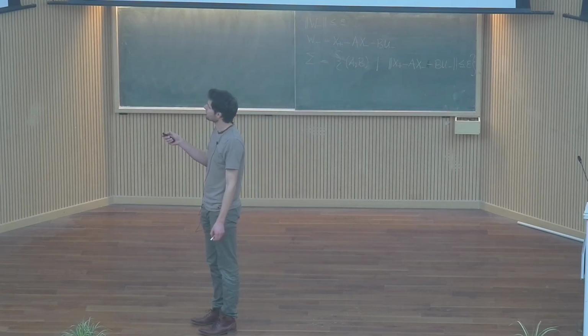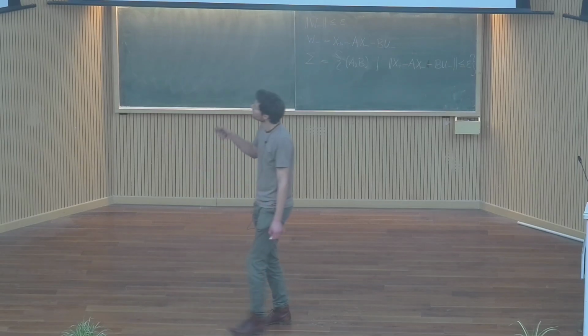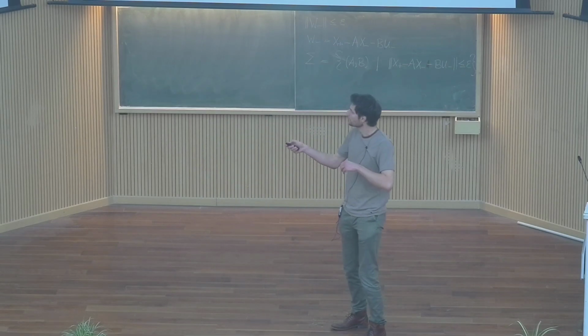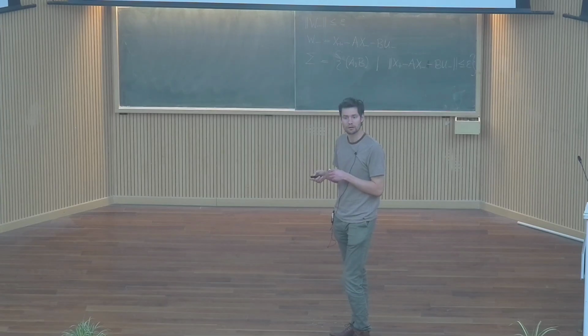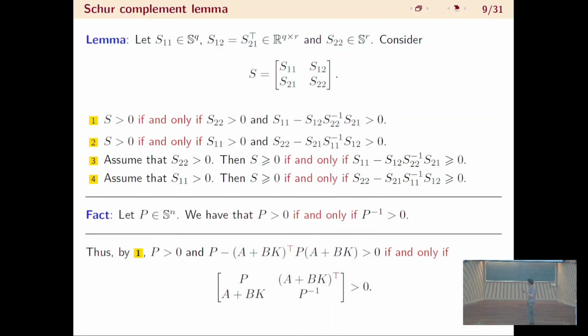And we had this Lyapunov inequality over here. Now I claim that using the Schur complement lemma, P is positive definite and this Lyapunov inequality holds if and only if this big matrix over here is positive definite. Well, let's try and see if that works.